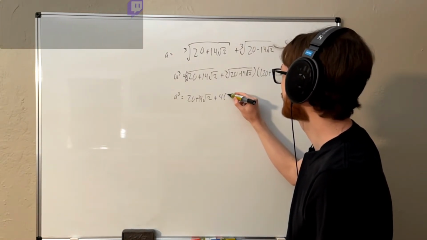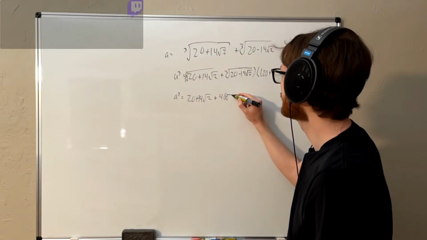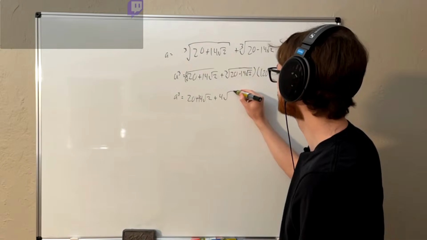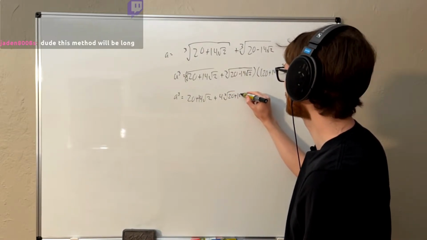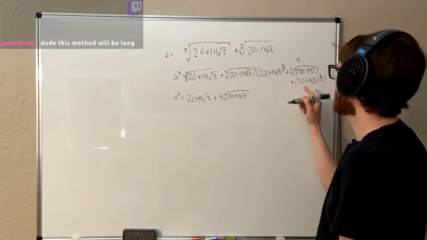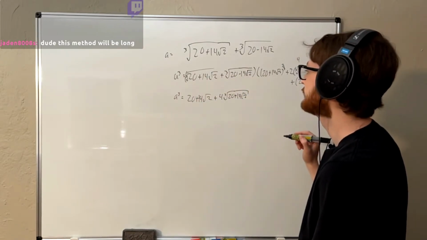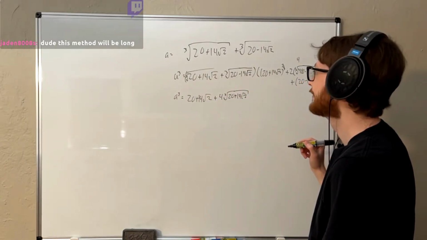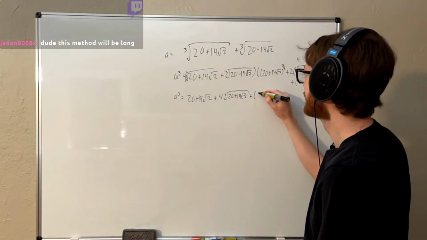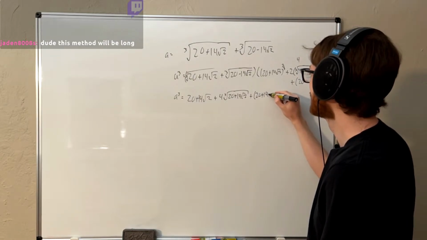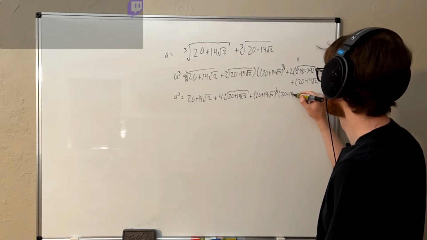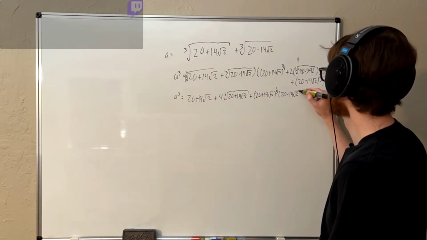Plus 4 times cube root of 14 root 2. Then that times that. They have different bases. I don't know how that's going to work. Hopefully it just cancels out, I guess.